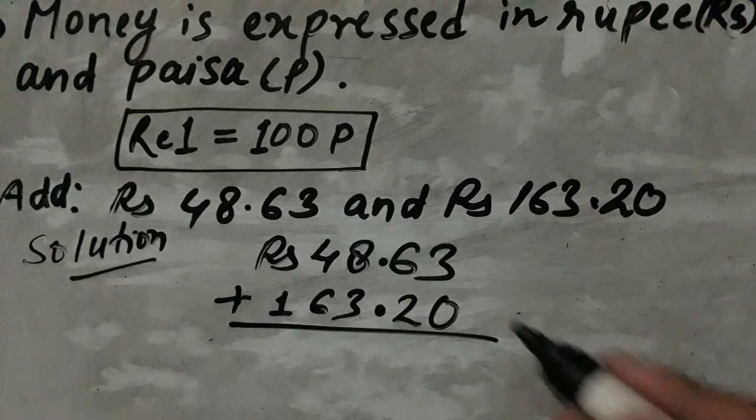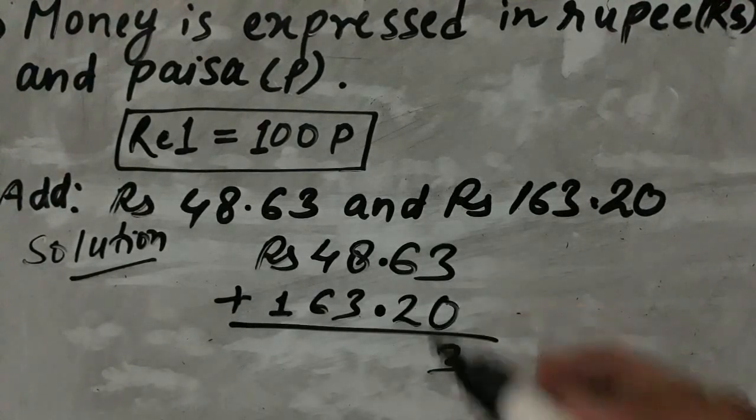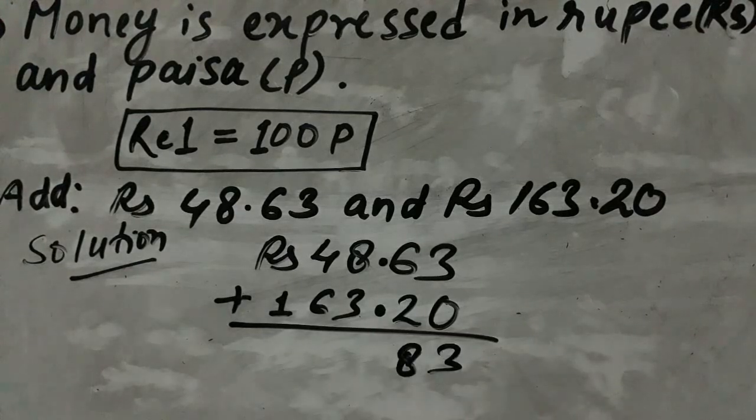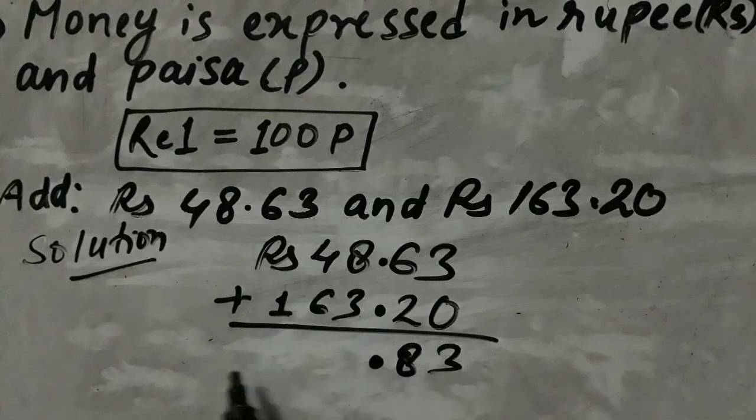Now let's add. So students, 3 plus 0 is 3. 6 plus 2 is 8. As I have already told you, before adding the portion before decimal, we need to keep the decimal in our answer vertically. So now we are going to add the portion before decimal.